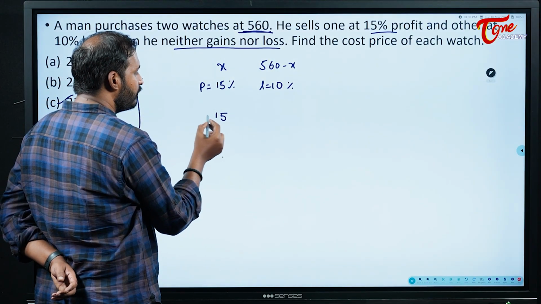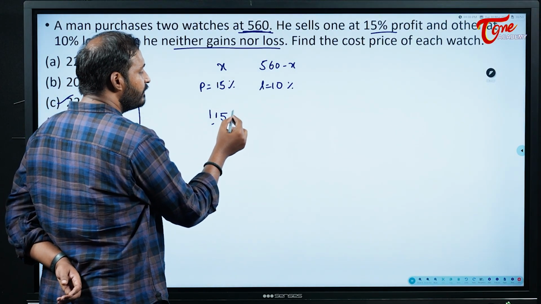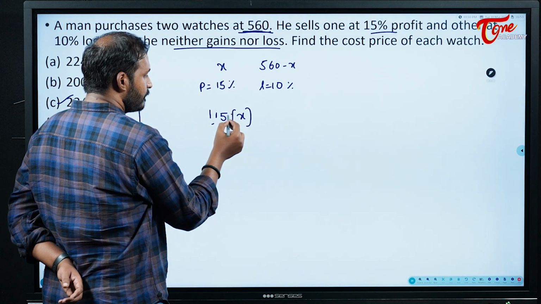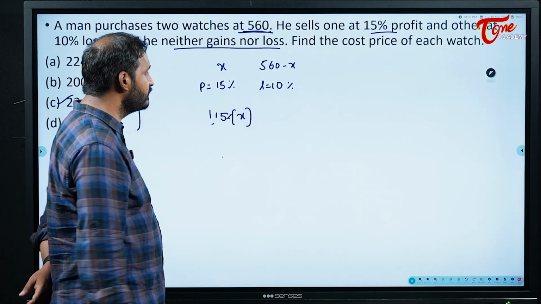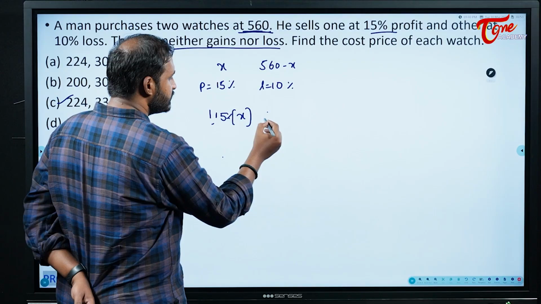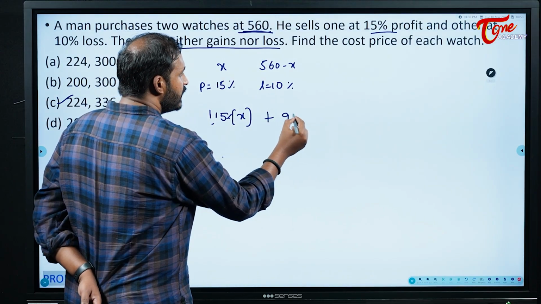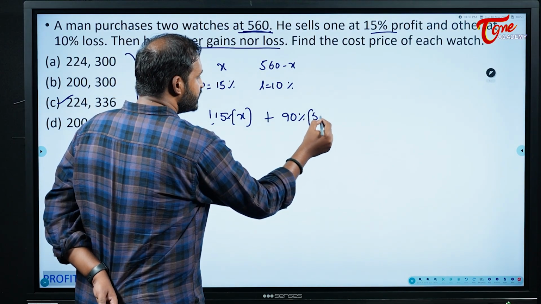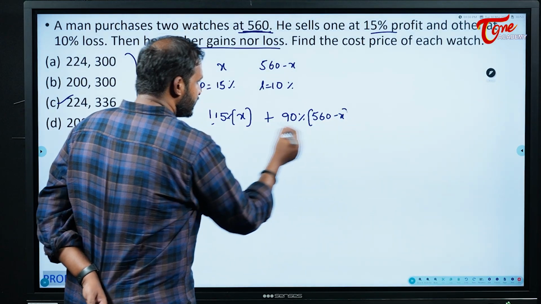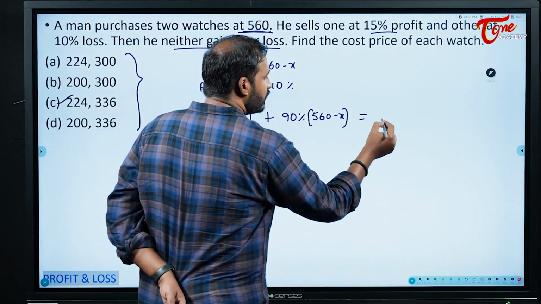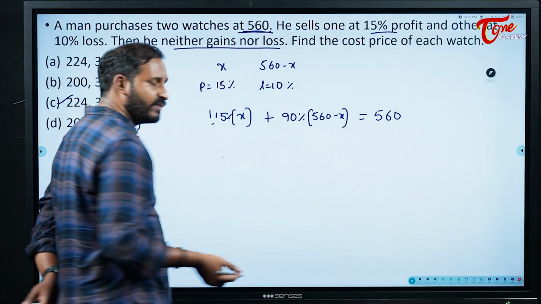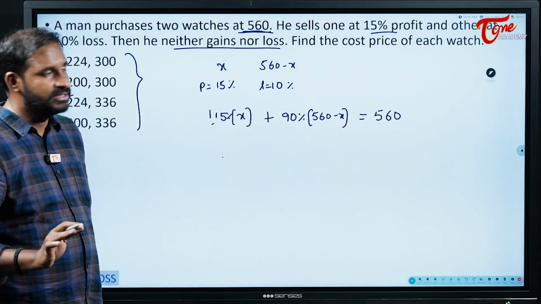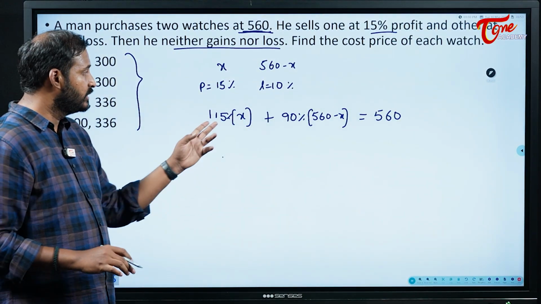Profit of 15% means 115% of X, plus loss of 10% means 90% of 560 minus X. The selling price of both of these should be equal to 560, right? Why? Because he purchased for 560 and he sold for the same 560. No profit, no loss.